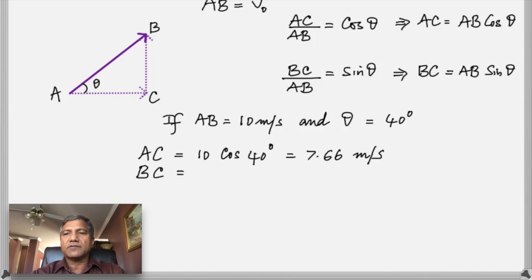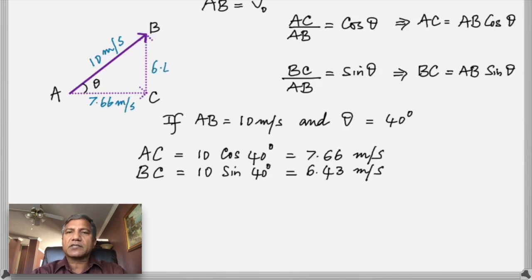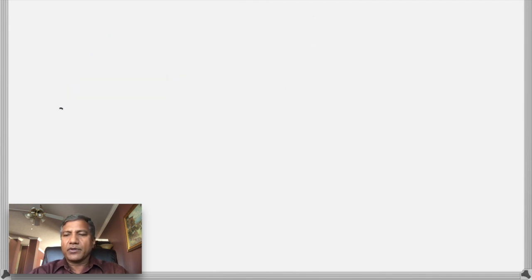And BC is 10 sine of 40, which gives 6.43 meter per second. So that's what you do first. Whenever you're given a velocity at an angle, you break it up into its x component and the y component. That's the first thing you have to do, and then treat them as independent of each other, like I'm going to show you on the next page.